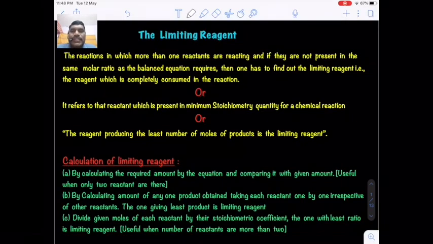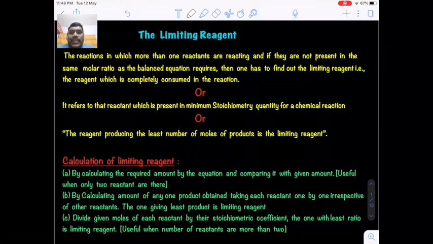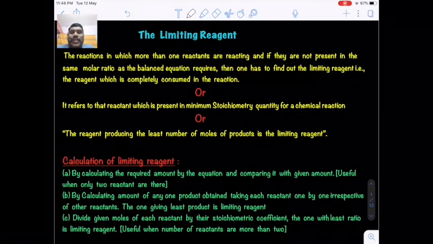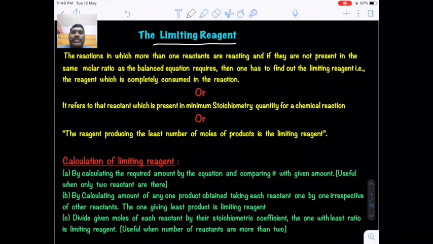Hi students, today we are going to discuss a very important topic of mole concept, that is the limiting reagent. When we are calculating the number of moles of the product from the number of moles of the reactants given, this concept will be very important in the calculation of moles.